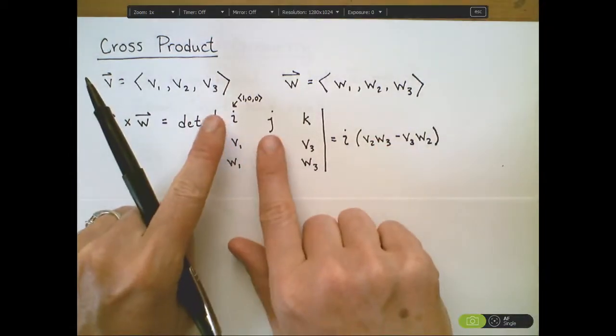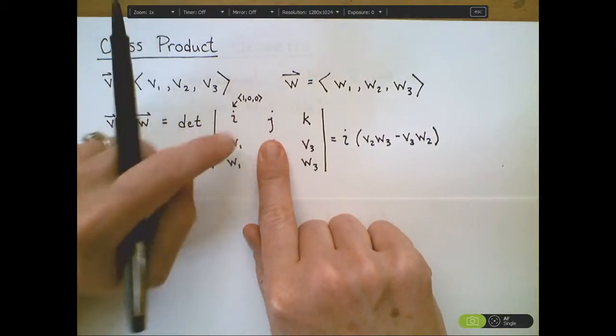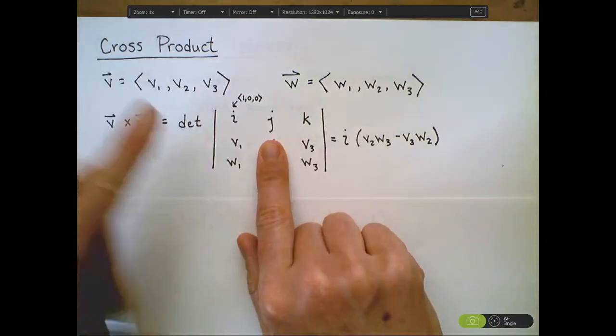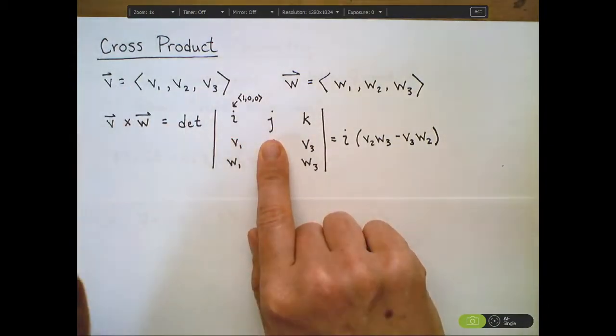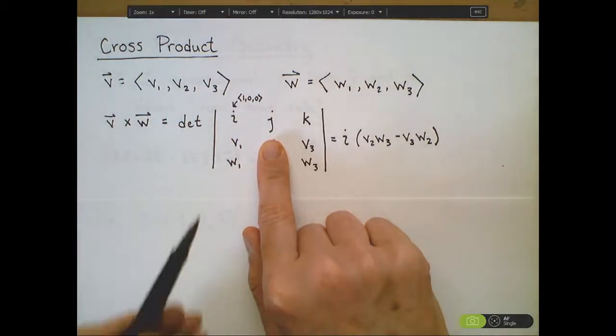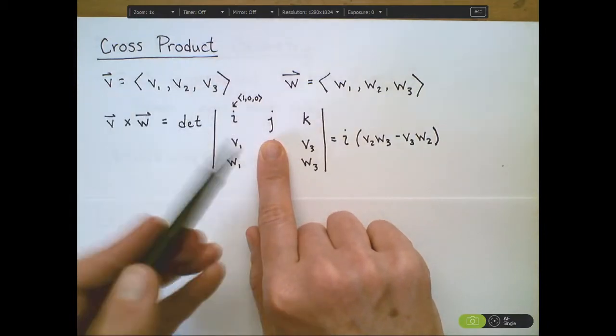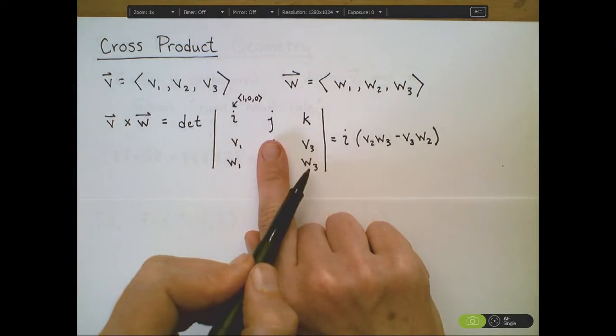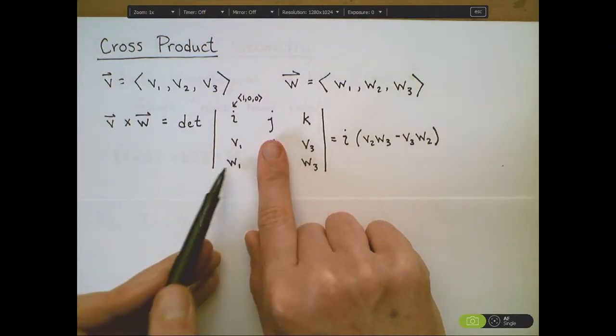The next piece is going to be j times the determinant of the matrix that starts here and sort of wraps around the other side. Or, alternately, and this is the way that I like to think about it, it's minus the determinant of this matrix, the v1, w3, v3, w1.